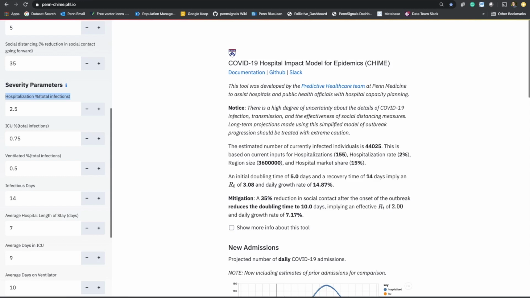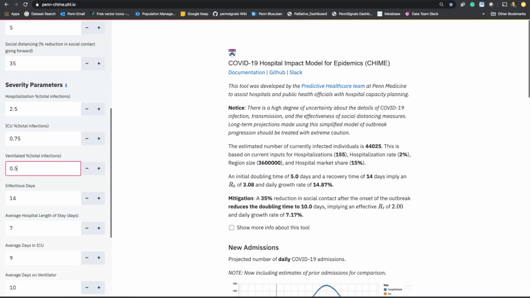Again, since our simulation runs on all individuals infected, over in this output panel, you can see this number. We have to derive what we think the capacity impacts in the health system will be off of that number. So we estimate that of all patients that are infected, 2.5% of them will be hospitalized. And we continue that down through the percent of patients that will require critical care and the percent of patients that will require a ventilator.